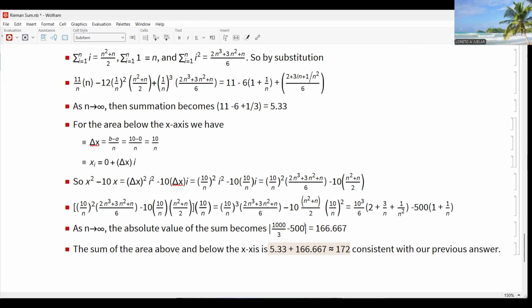So we have to find the absolute value, because we have the area here, 5.33, above the x-axis, positive, and this one is below the x-axis. So make this positive by expressing this in terms of the absolute value. So the answer is 172, consistent with our previous answer.